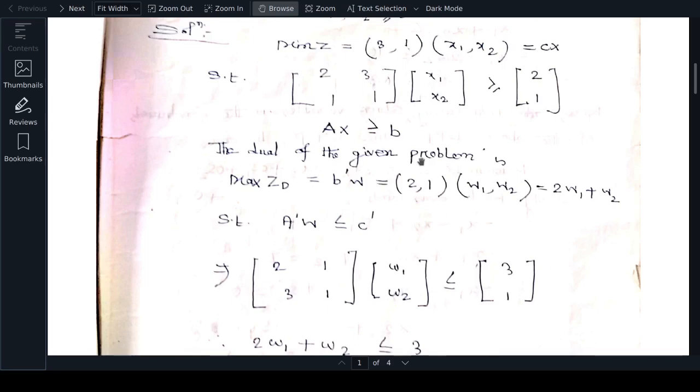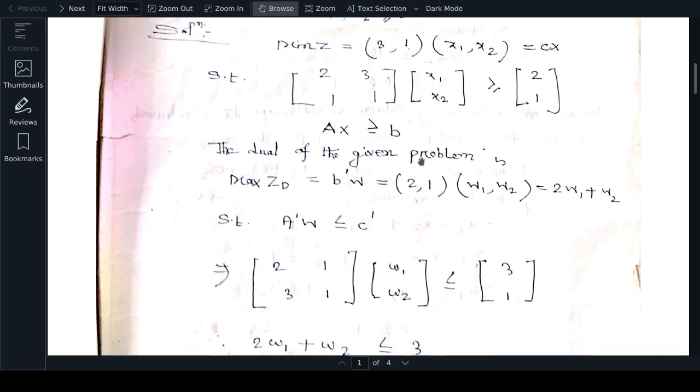So what is the format for writing the dual? Your given problem is minimization, so in the dual you write maximization. So we write max z. Just for understanding, I have written the suffix d, max z d for dual.